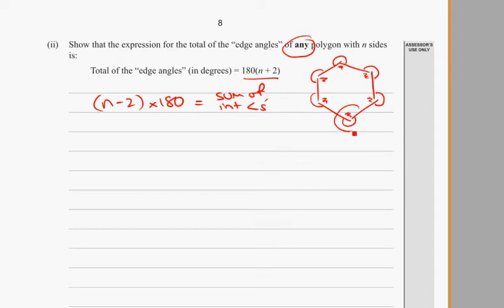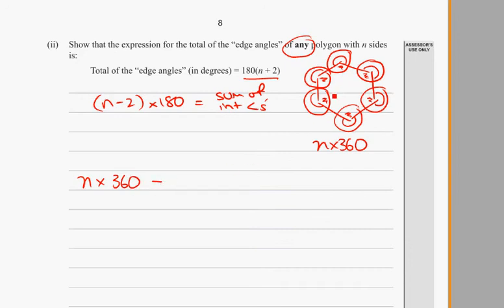Now at each vertex, of course, the interior angle and the edge angle will add up to 360. So working our way around the circle, we'd actually get n lots of 360 would be the total for adding them all up.